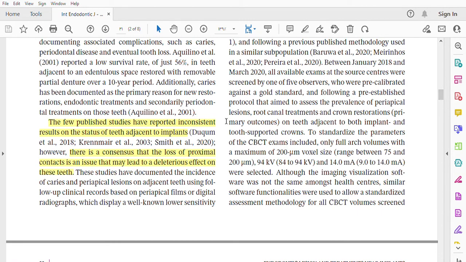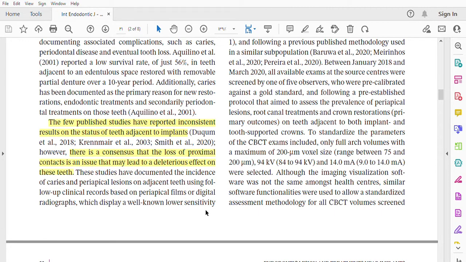The few published studies have reported inconsistent results on the status of teeth adjacent to implants. There is a consensus that the loss of a proximal contact is an issue that may lead to deleterious effects on these teeth.